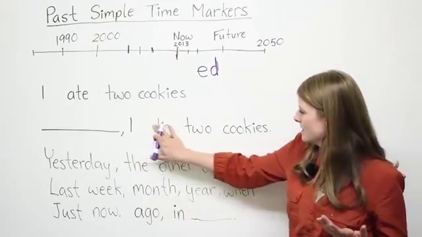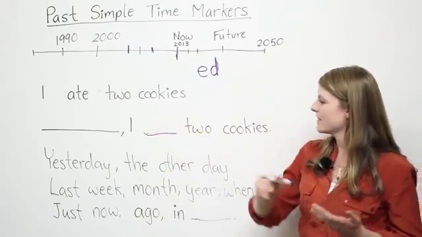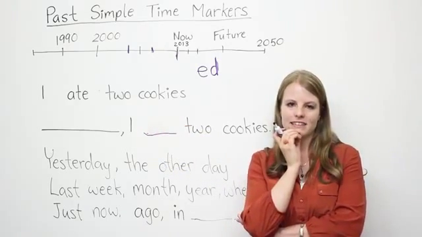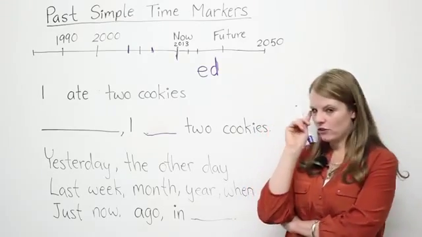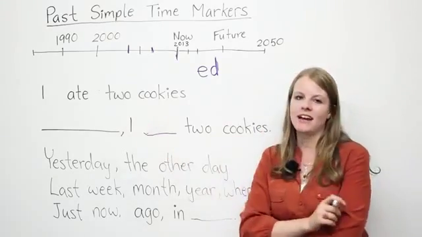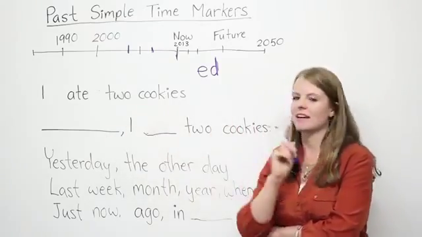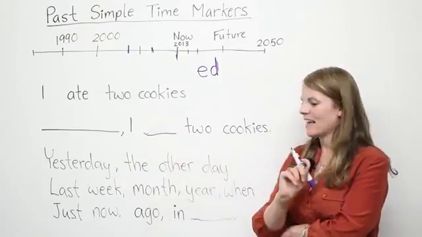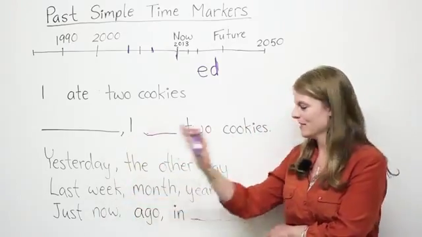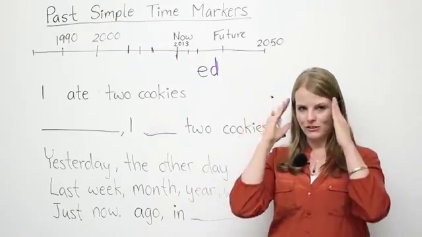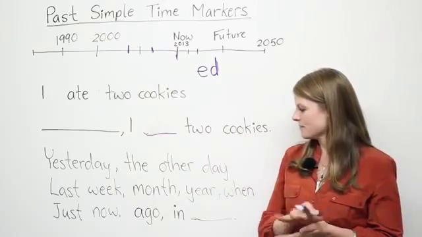Even if this isn't written, if it's a test, I something 2 cookies, I eat 2 cookies, I have eaten 2 cookies. As soon as I see yesterday, I know, yesterday, ate. The other day, ate. Last week, ate. Okay, so these are your clues. So memorize them. Associate them with the simple past.